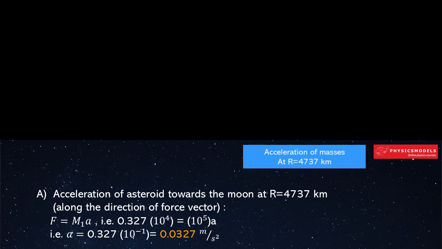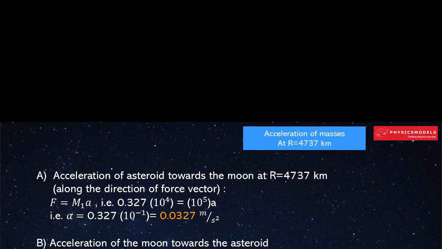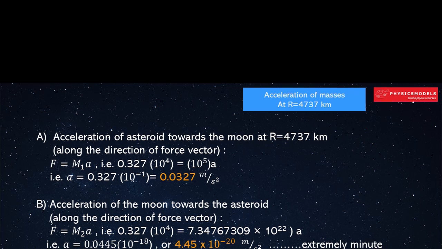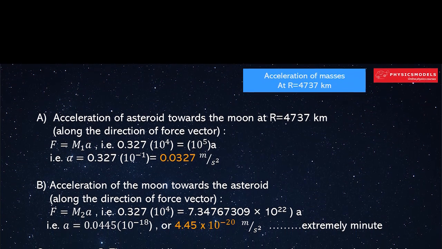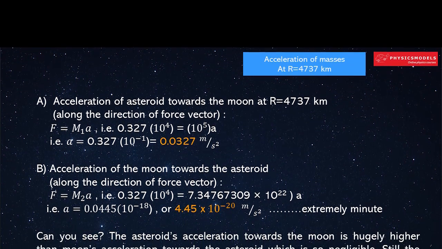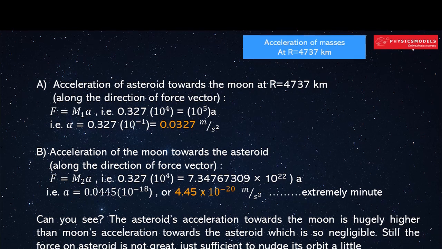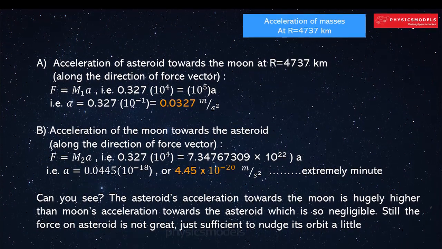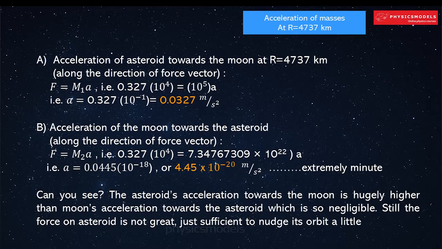This slide shows a simple calculation of acceleration using Newton's second law of motion. The force is already calculated for the distance r. We have two cases of r, and when we put that force, the acceleration of the asteroid will depend upon its mass m1.